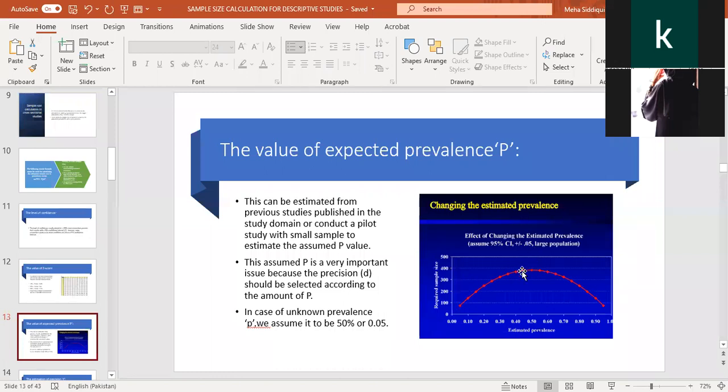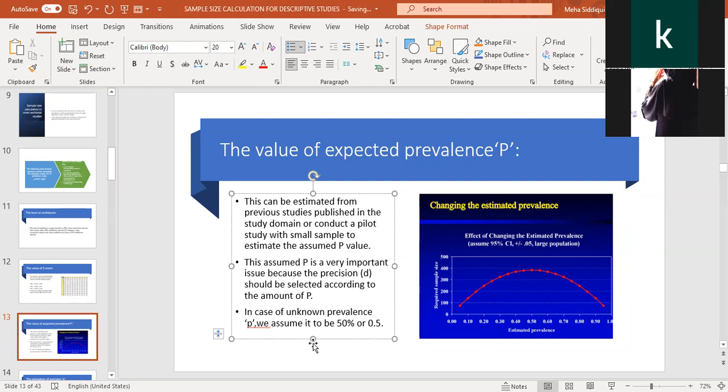But when it surpasses 50%, then the required sample size gradually diminishes. And we can see that the sample size that is required for prevalence of 10 percent is the same as that of the 90% prevalence. And in case of unknown prevalence, we assume it to be 50% or 0.5. Sorry, here is a mistake. It is 0.5.